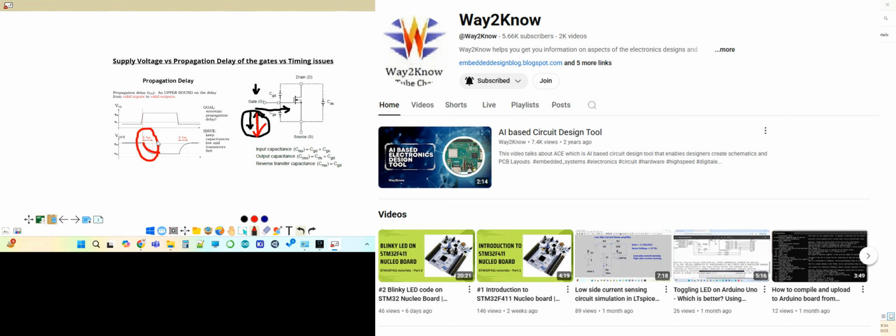So while designing your supply voltage, ensure that you provide a clean supply, and any switching that happens in the power supply shouldn't cause the propagation delay to increase and cause timing errors.